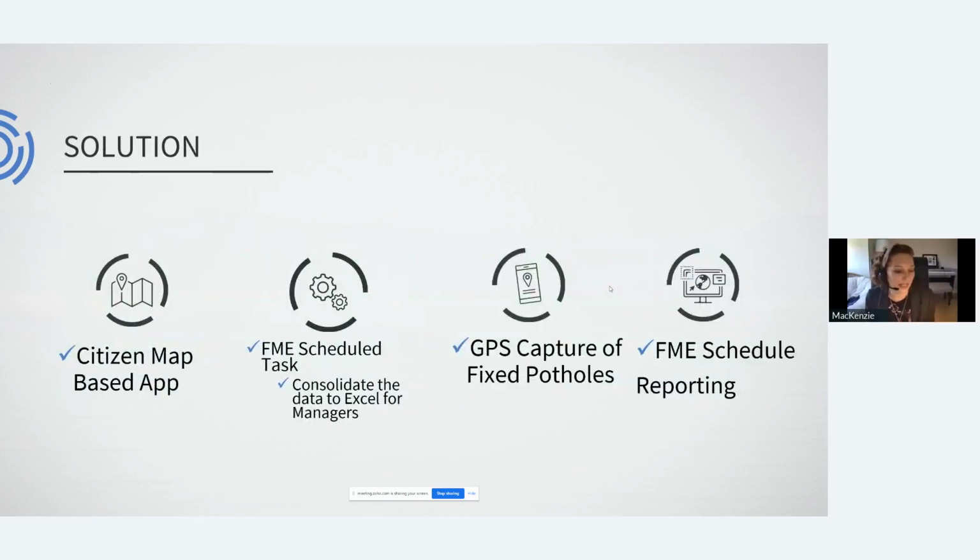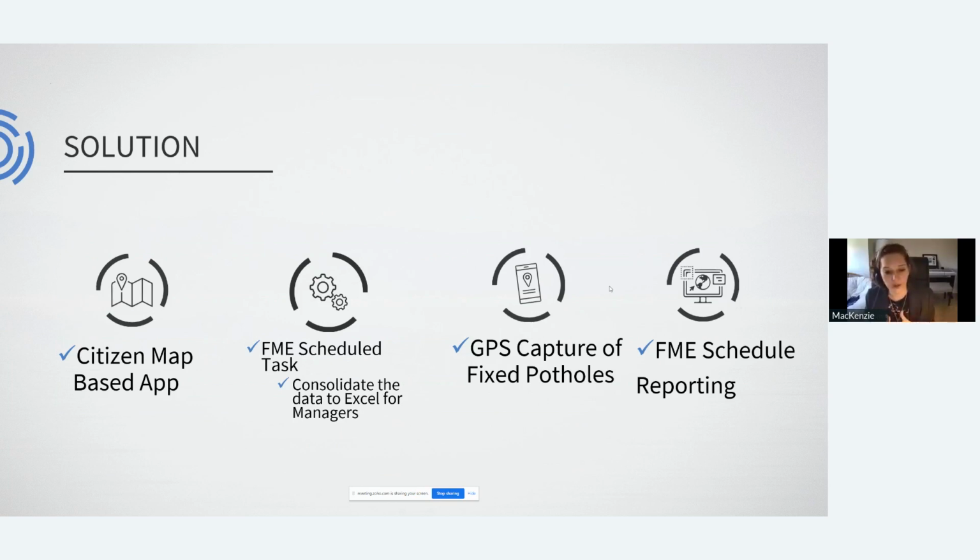So, they created a citizen map. So, a citizen can go in and say, hey, there's a pothole here on my street, or wherever they've seen one. At the same time, they're using GPS with their field crews to capture both the location of potholes that the field crews observe, but also capture the locations that they've repaired the potholes as well.